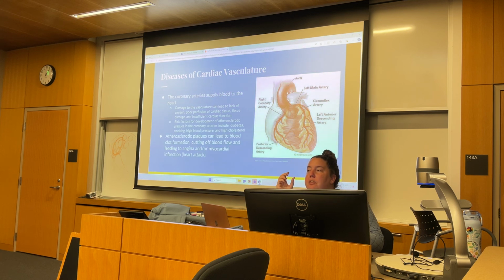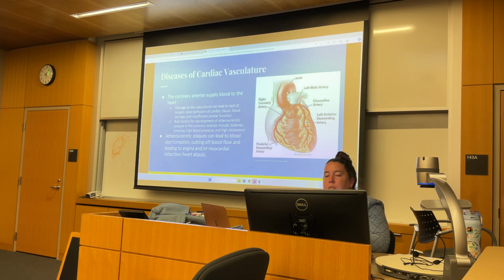If the plaque continues to grow and that capsule ruptures, the body's own responses will draw clotting factors to the area and a blood clot will begin to form. That blood clot can even further occlude the vessel, leading to a complete ischemia or complete lack of blood flow.